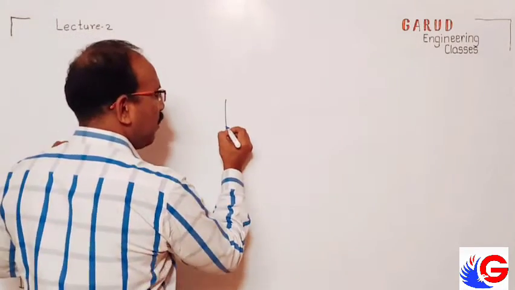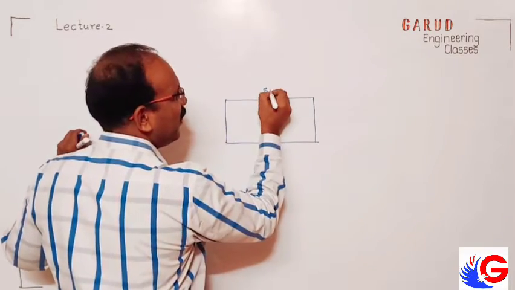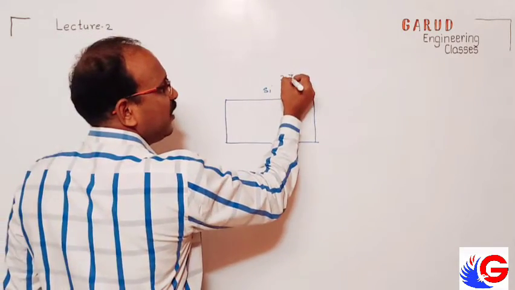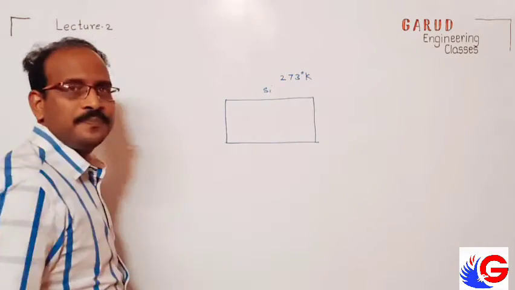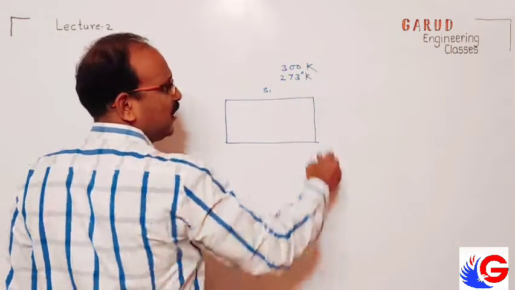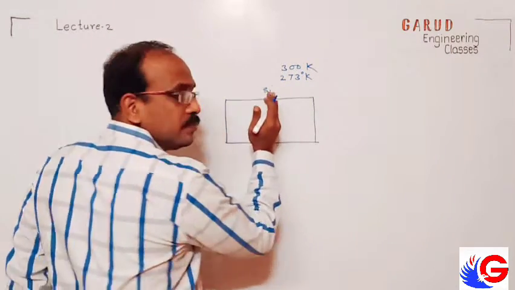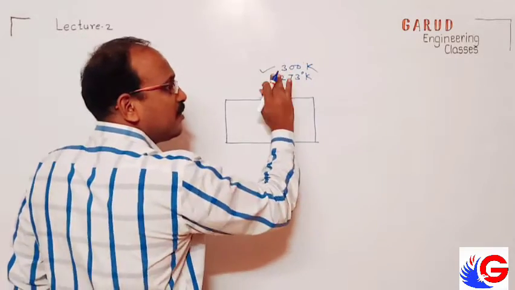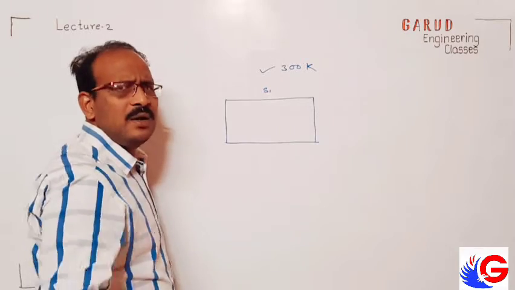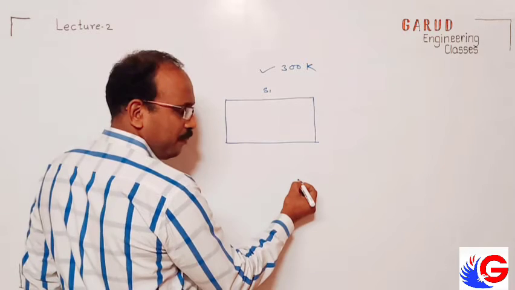Now suppose this is one silicon layer. You know, at 273 degrees Kelvin, this is ice temperature. 300 degrees Kelvin is room temperature. At room temperature, as I told you, around 2 to 3% conduction will be there.